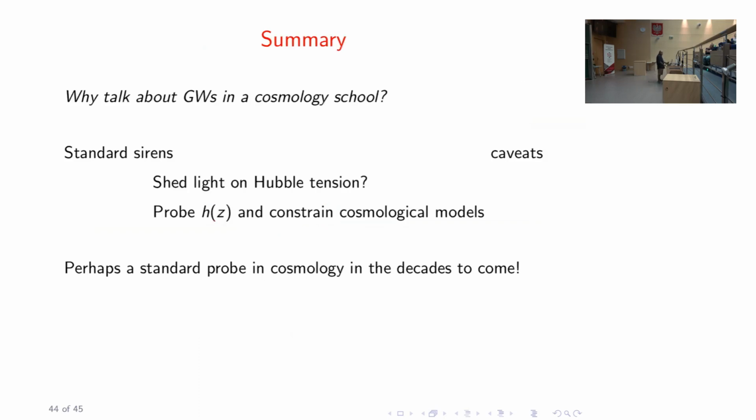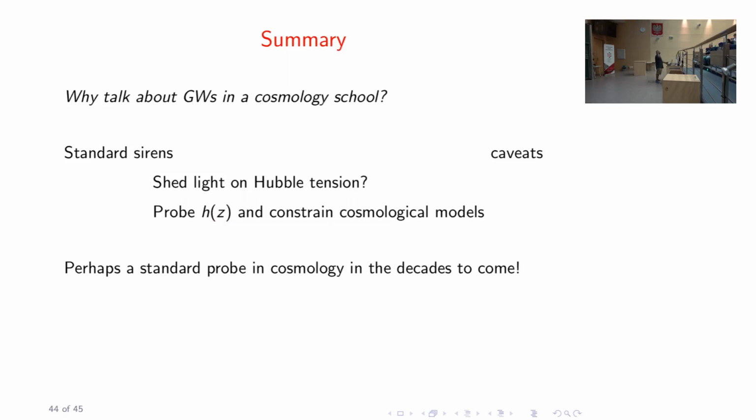Okay, so hopefully I could convey the message that standard sirens are really cool. They give us a direct estimate of the distance, which was also highlighted by Mark. It's really fascinating.